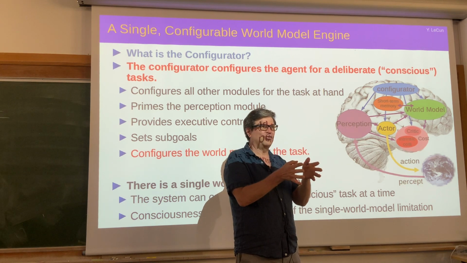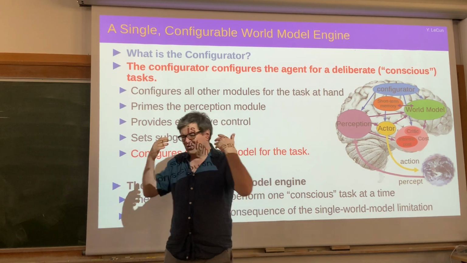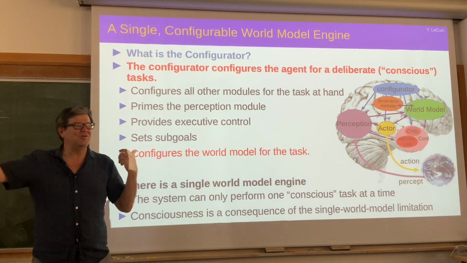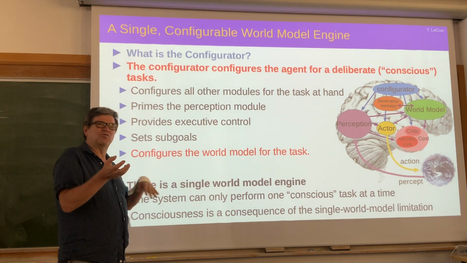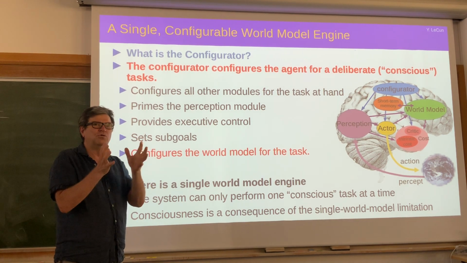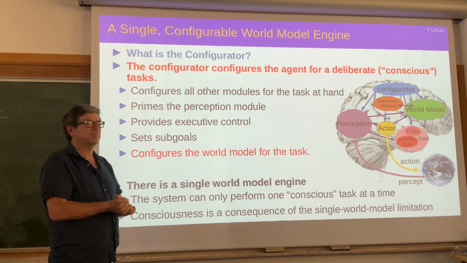When our attention is focused on doing something, we can't do anything else, right? Our planning engine or simulation engine is configured for this task, and we can do subconscious tasks simultaneously, but we cannot do two conscious tasks simultaneously because we only have one world model engine.